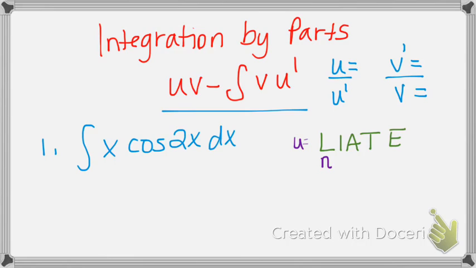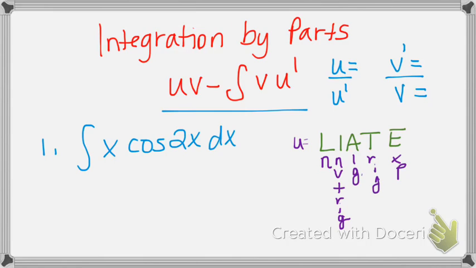If there's not a ln, then you go to the I. The I stands for inverse trig. If there's like an arcsine or arctan, that would be the next thing you would pick. The A stands for algebra, so like an x or an x squared or an x to the third. T stands for trig, and E stands for exponential.